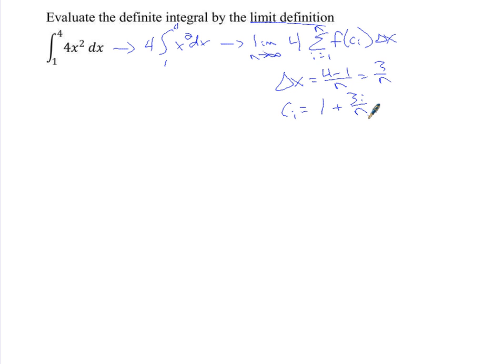So you can do f at c sub i equals. Is the function 4x squared, or is the function x squared? The function is now x squared because I pulled the 4 out. So all I need is 1 plus 3i over n squared, which is terrible.